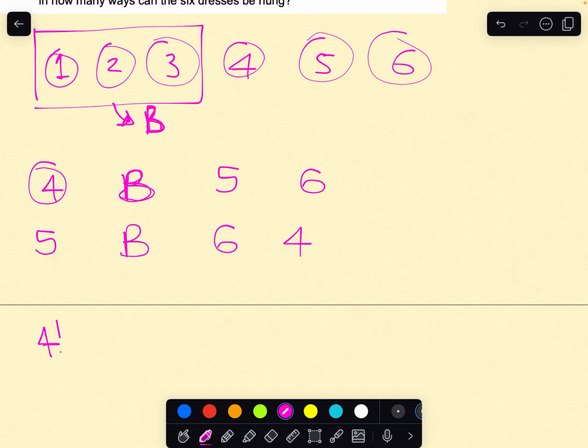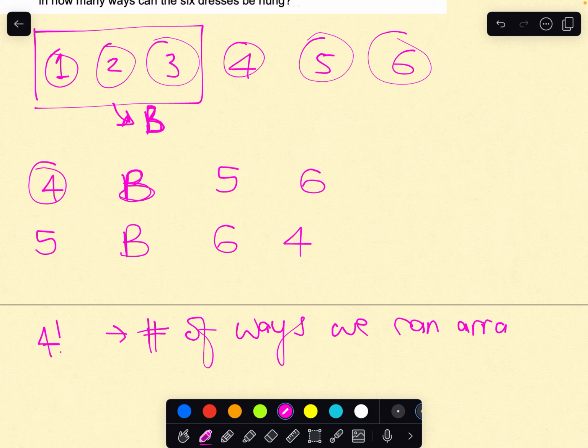You could have 4 options in the first position, then 3 options left for the second position, then 2 options left for the third position, and then for the fourth position, you'll have 1 option left. So 4 factorial is the number of ways we can arrange B, dress 4, dress 5, and dress 6.